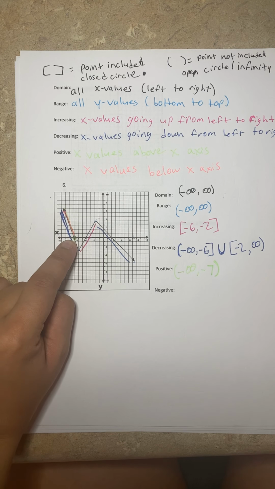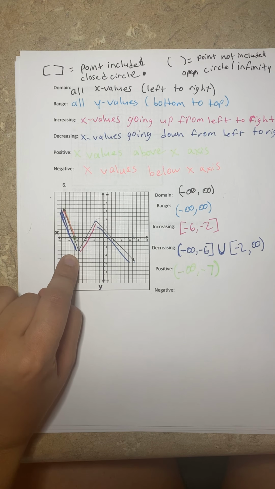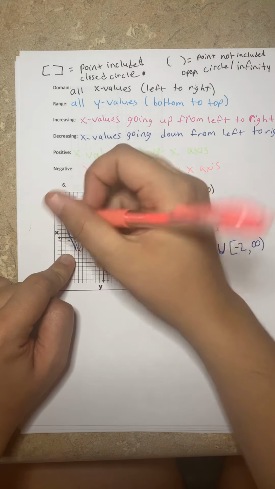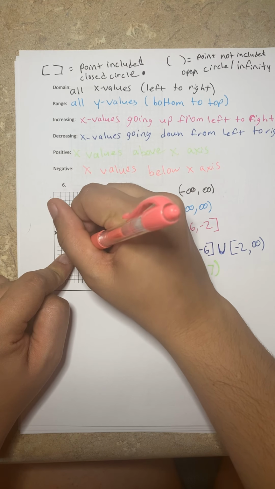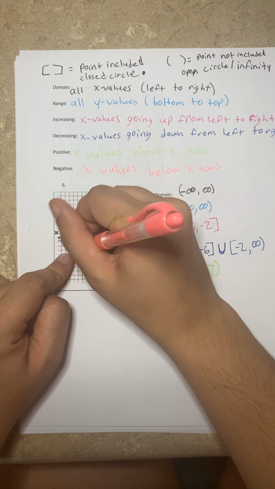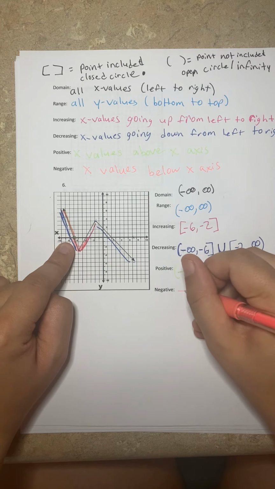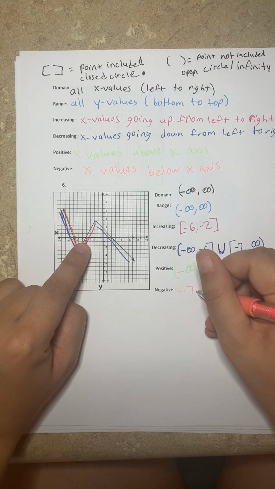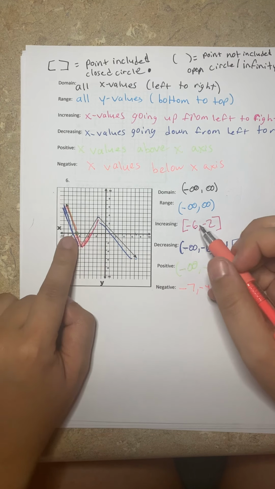And from there, we start going below the x-axis again. So we're below the x-axis here all the way until I come back up. So from -7 until I come back up at -4. So that's not two separate ones.